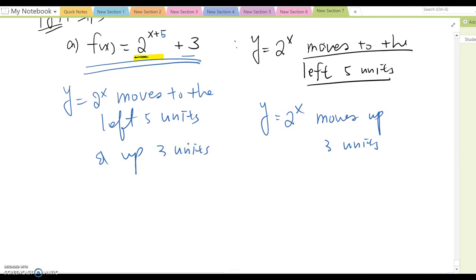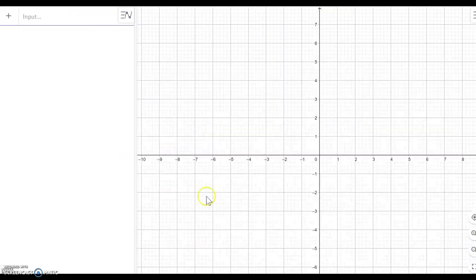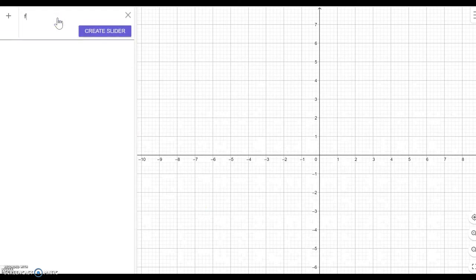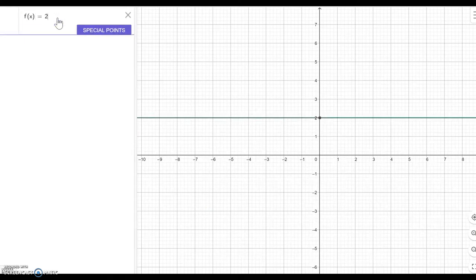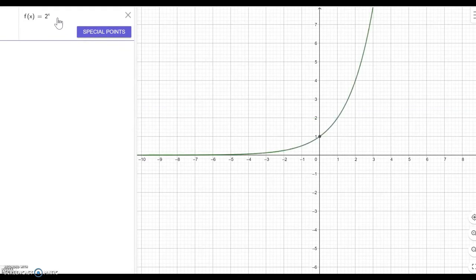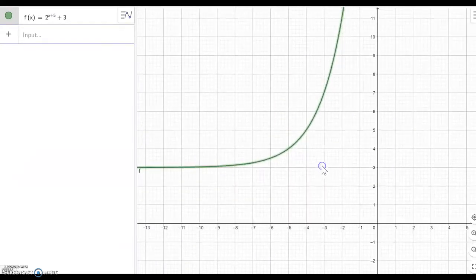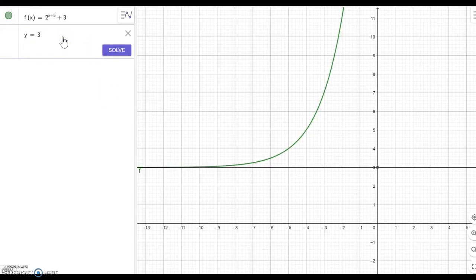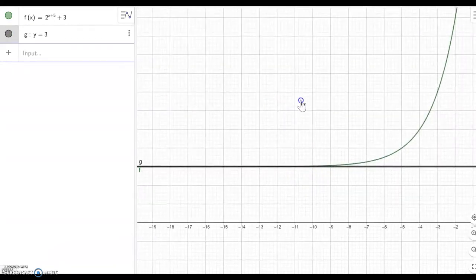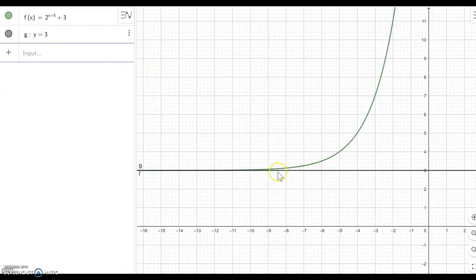so let's look at this graph on the GeoGebra software. Then now f(x) = 2^(x+5) + 3 here. Okay, so this is our y = 2^(x+5) + 3 graph here. So as you know, this graph never passes the y = 3 line.